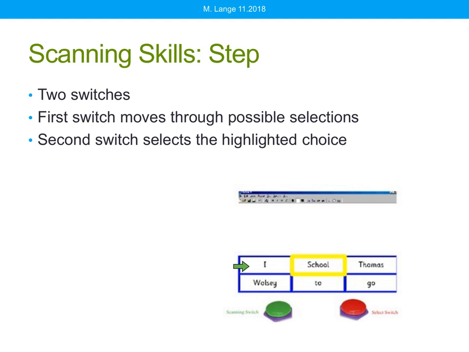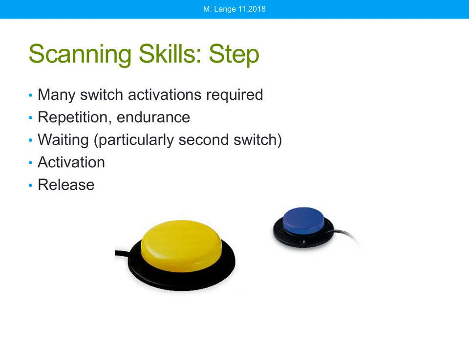Each time I hit this, my highlight is going to move through my choices. Once I get to the highlighted choice that I would like to select, I hit my select switch, second switch, and that is chosen and or spoken. So I have two different switches. These switches can be any switch placed anywhere the client has good control.